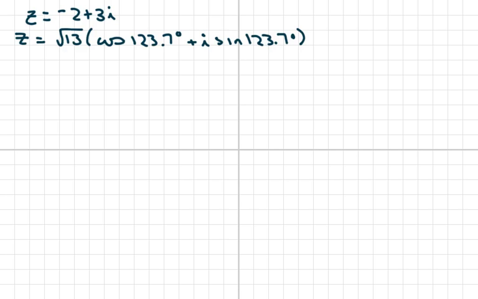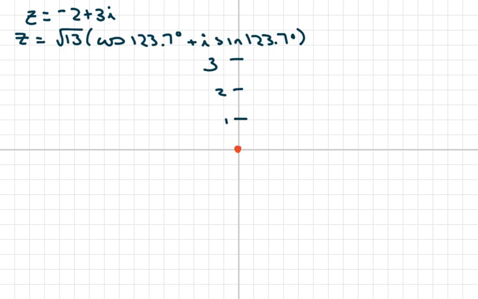This is 90, we need 120. And square root of 13, let's make it 1. Let's see if I can do this. 1, 2, 3. And so the pole is from here.